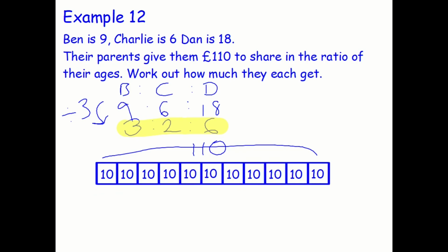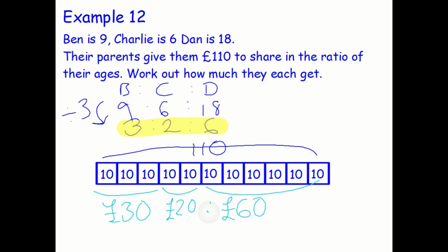So in the ratio of their ages, 3 to 2 to 6. So Ben's going to get £30. Charlie's going to get £20. And Dan is going to get £60. And that is how you should present your final answer.